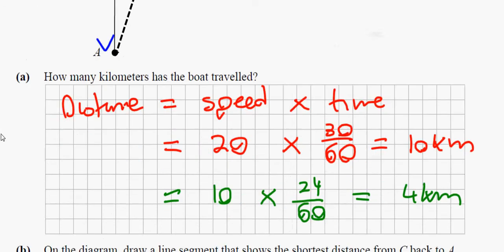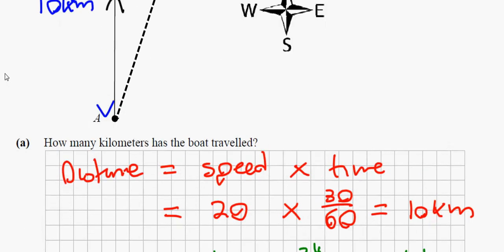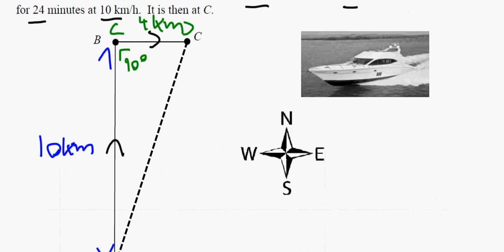So the next thing goes: use Pythagoras' Theorem to calculate the shortest distance from C to A, giving your answer correct to the nearest meter. So what we're going to do is use Pythagoras' Theorem.